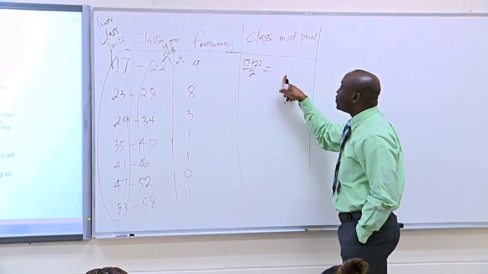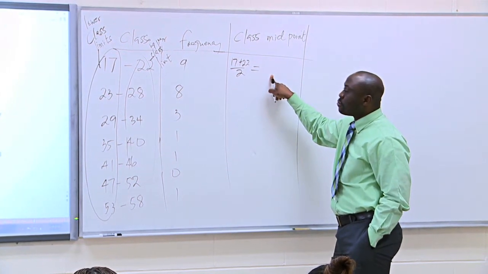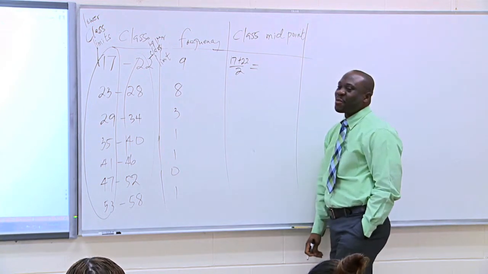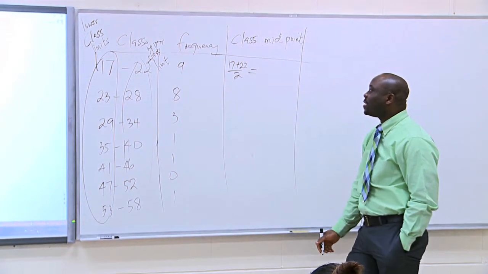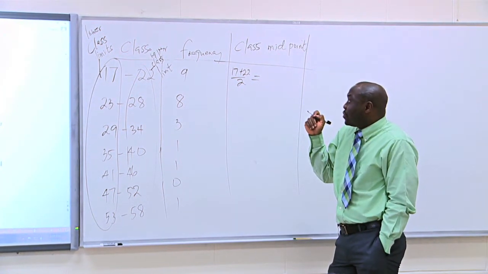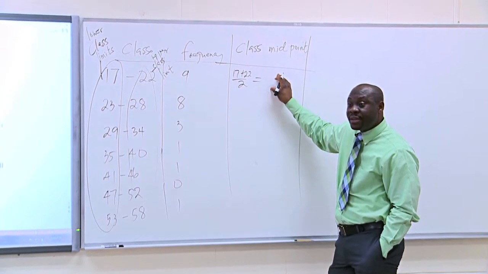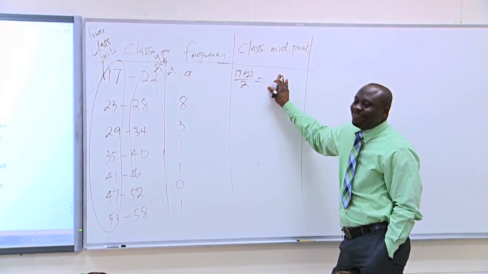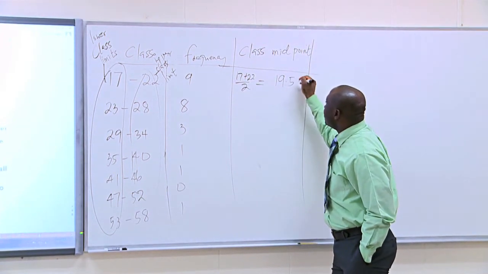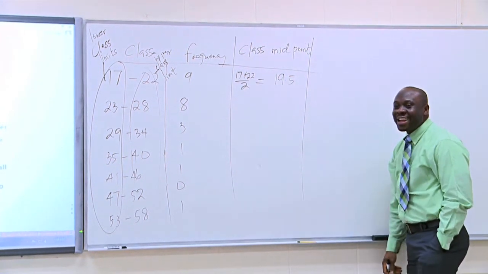What is that equal to? Take your calculators. Let's do some work. 19.5. Because it's going to be 39 divided by 2.